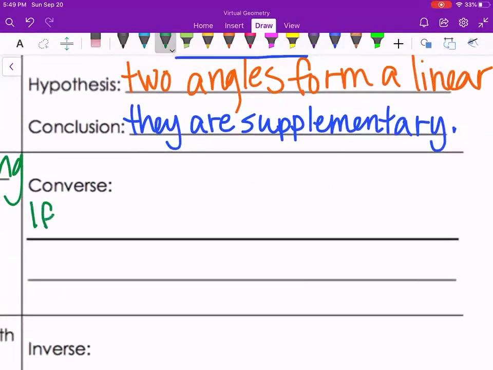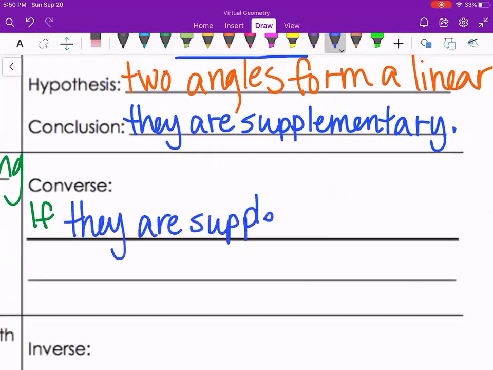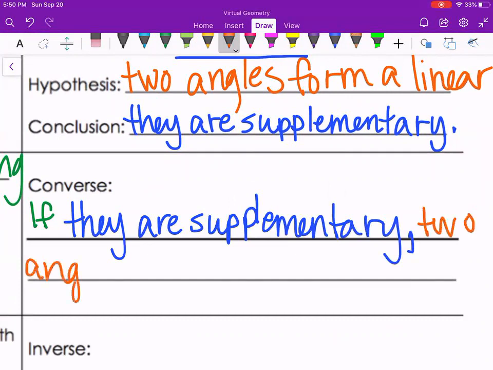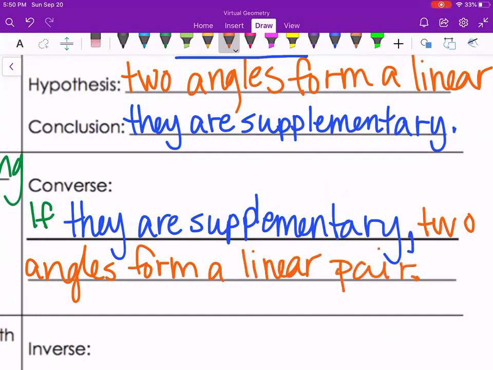We start with our if, but instead of starting with two angles, we start with if they are supplementary, comma, then our hypothesis happens: two angles form a linear pair, period. So the two just switch places on us.